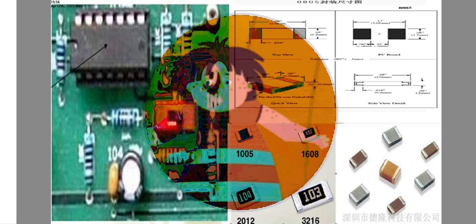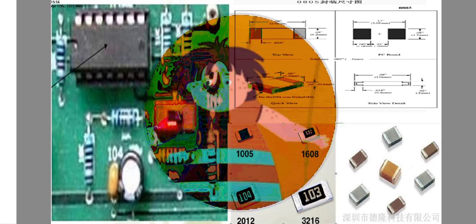You know, the pad of a resistor is larger than a square 1 millimeter times 1 millimeter.